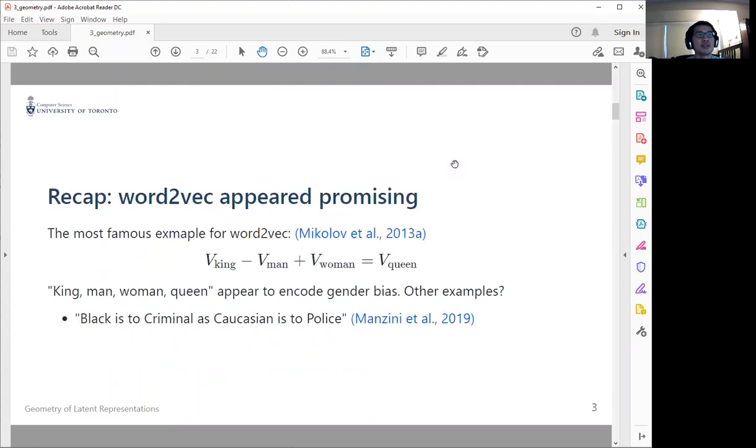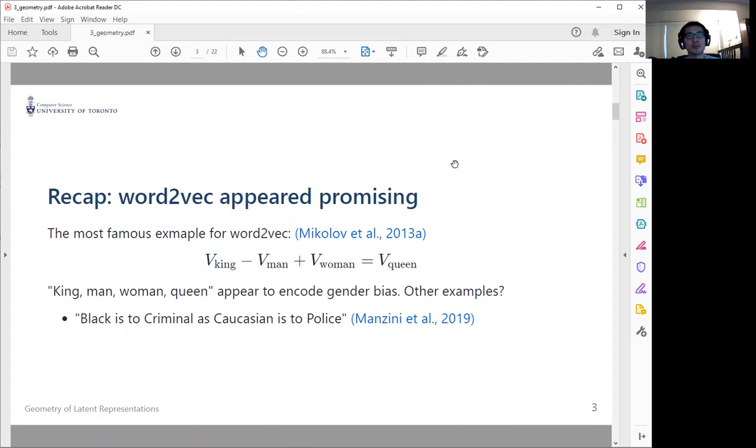So as a recap, one of the very promising aspects of word2vec is that it offers a nice linear analogy for those low-dimensional vectors. Previously, the semantics of words were distributed everywhere and hard to describe, but word2vec offers a nice equation.